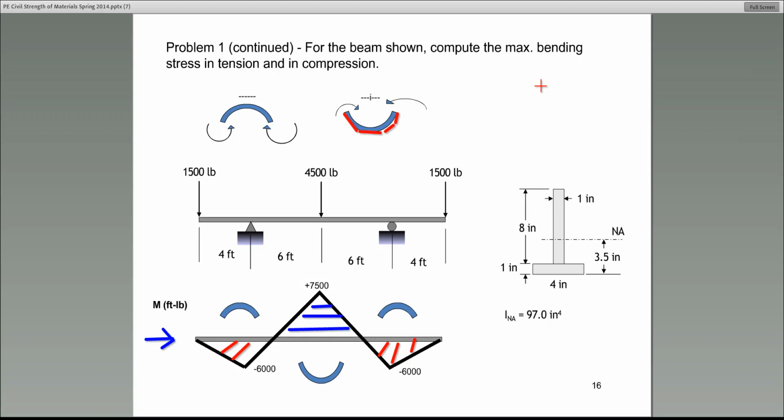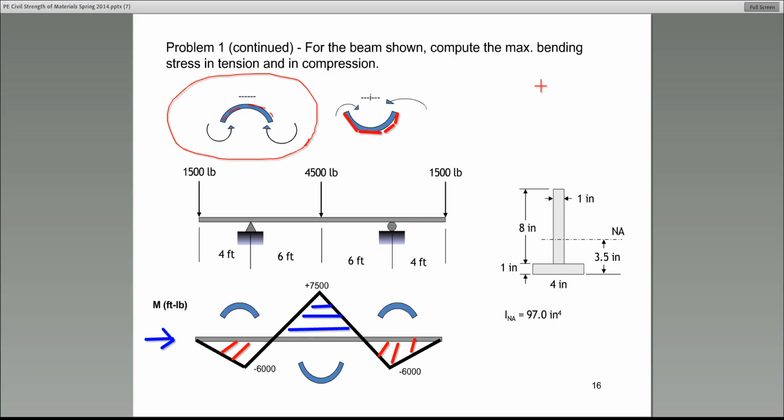Now, the reverse of that happens when the beam is subjected to negative moments like this. Negative moments cause the beam to flex this way. Now tell me, which part is in tension, top or bottom?